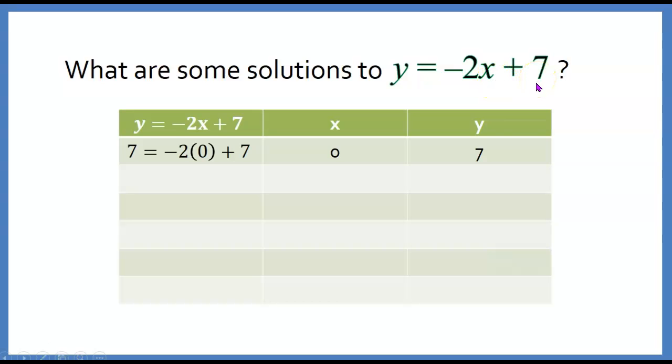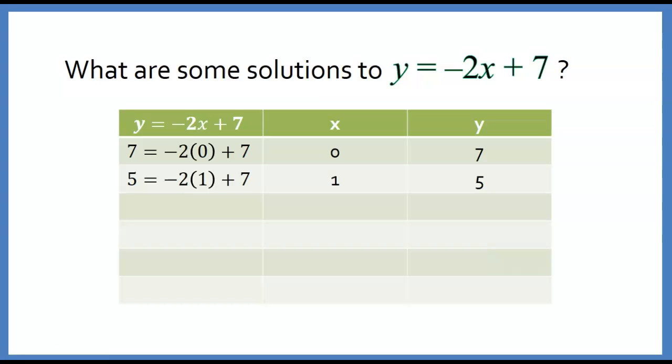Well, that would just be 0 plus 7. That would be 7. So one possibility is that x could be 0 and y could be 7. Another possibility is that x could be 1 and y could be 5. Because if x is 1, we've got y equal to negative 2 times 1 plus 7, which does come out to equal 5.